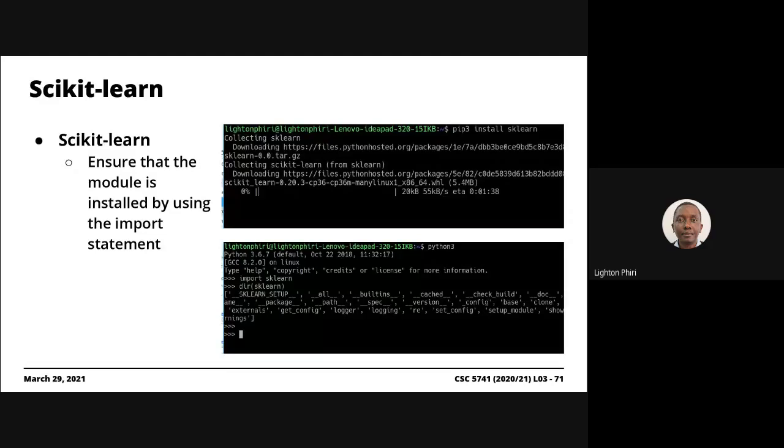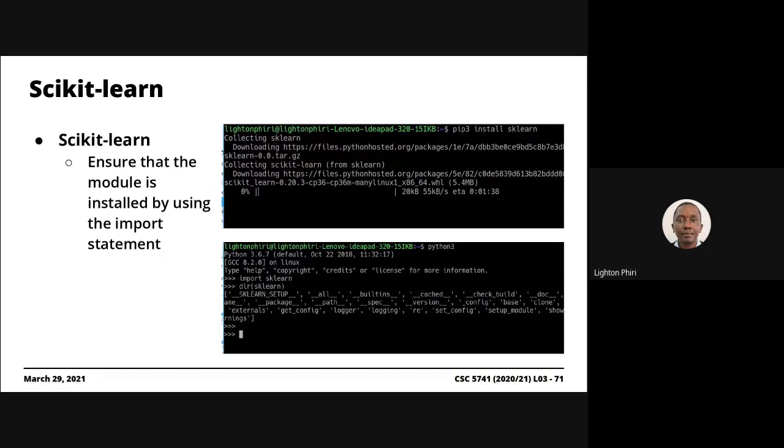And scikit-learn, as with many Python libraries, is quite easy to install. All you do is run pip install sklearn, and then you will have access to everything that you need. This screen is just showing you an example of using pip.